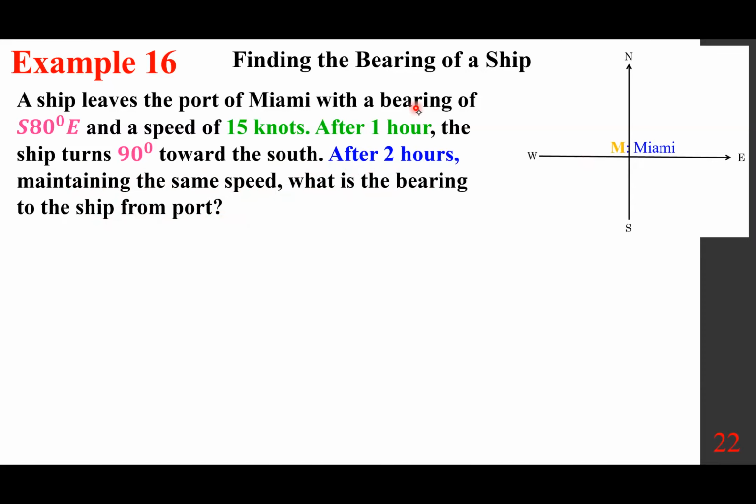So a ship leaves the port at a bearing of south 80 degrees east. So from the south, go to the right and make an 80-degree angle, with a speed of 15 knots. After 1 hour, the ship turns 90 degrees.